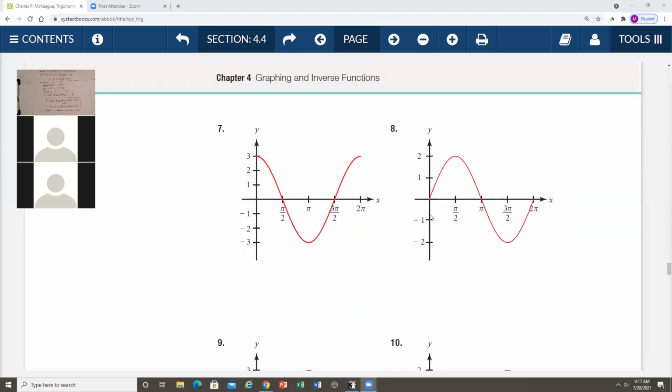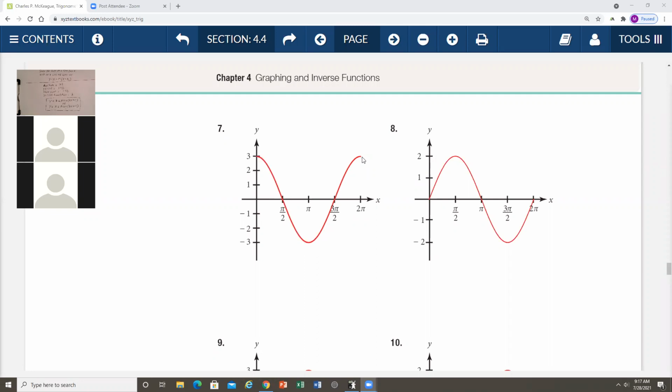Okay, ladies and gentlemen, problem number 7 here. We have the graph of either a sine or a cosine function. We need to write the equation of this particular graph. All right. Now, what is the amplitude of this wave here?